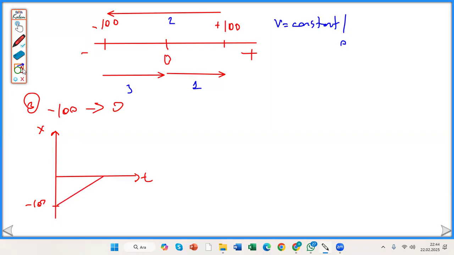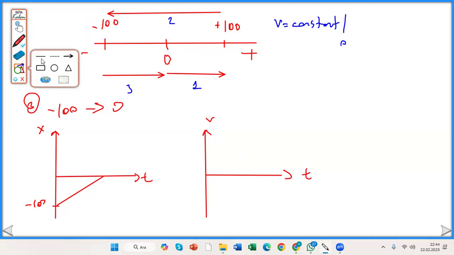The direction is positive, because the final position is 0 and the first position is minus 100. That's why its velocity-time graph is like this.